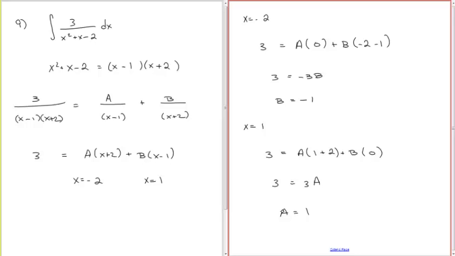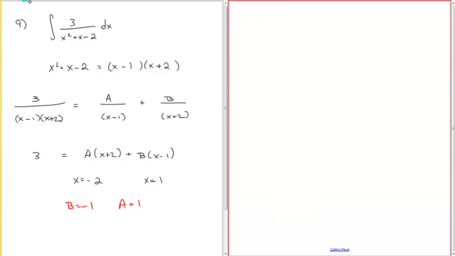So now we've got A and B. We can go back, plug those back in, and then integrate them. So let me write A and B down here. Now I'm going to use a different color. So B is equal to negative 1 and A is equal to 1. And therefore our original integral is, let's add a page.